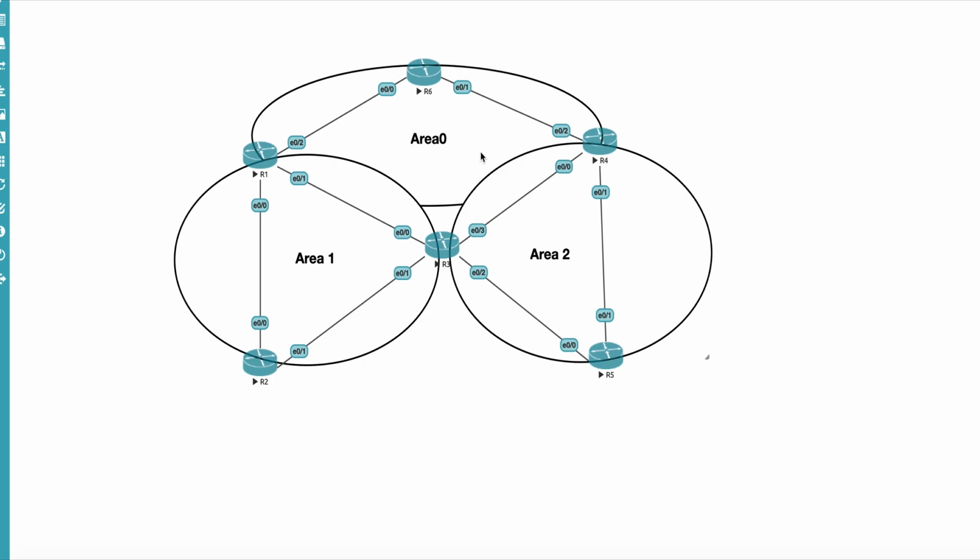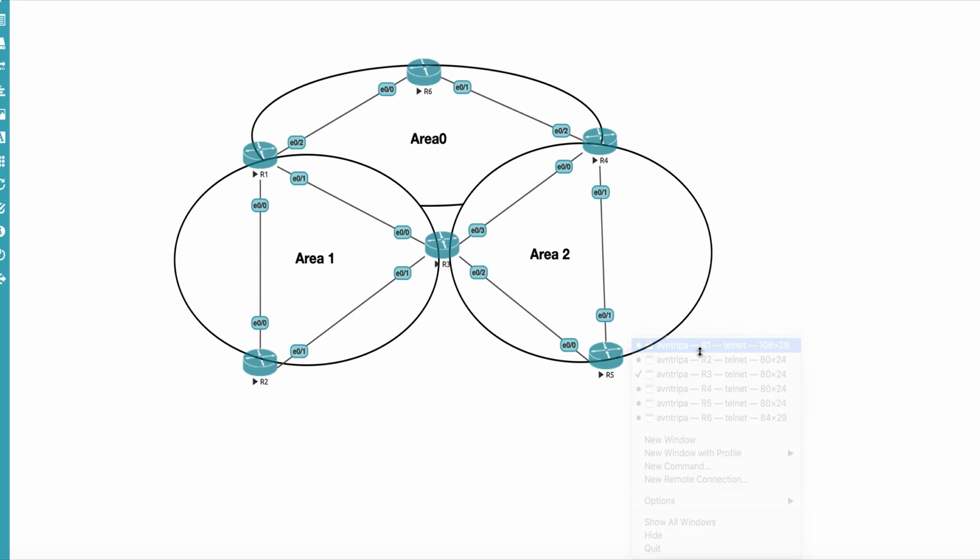A virtual link virtually creates a link between that area and area 0, though they are not directly connected. So it creates an impression of a link.